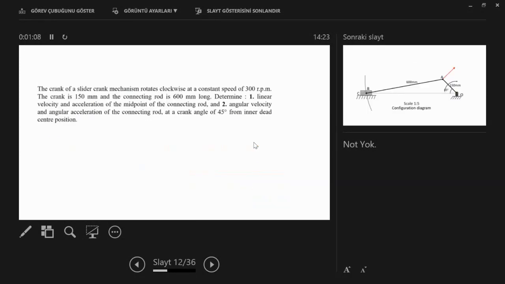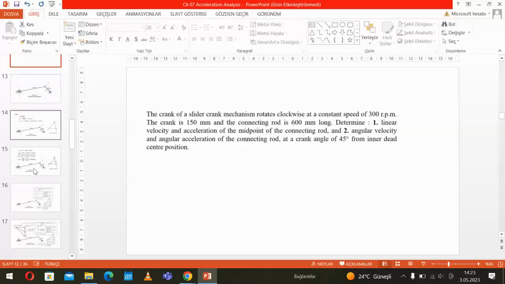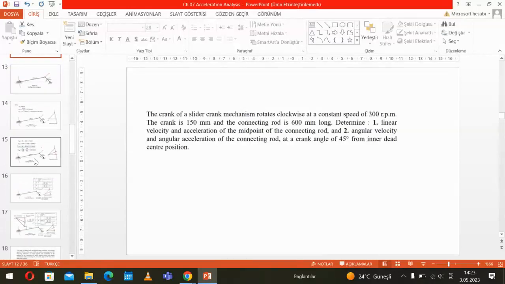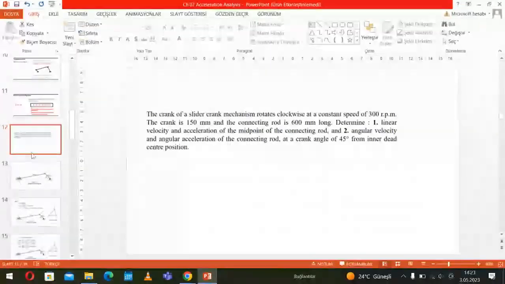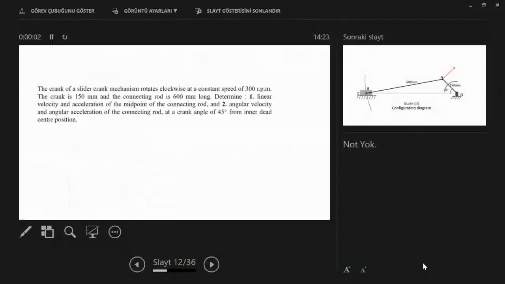Okay, let's have a moment. Okay, we use a graphical way to calculate the acceleration in our famous crank slider mechanism.